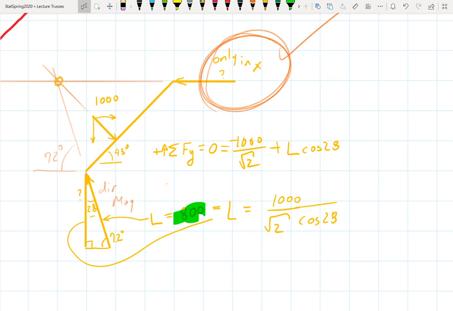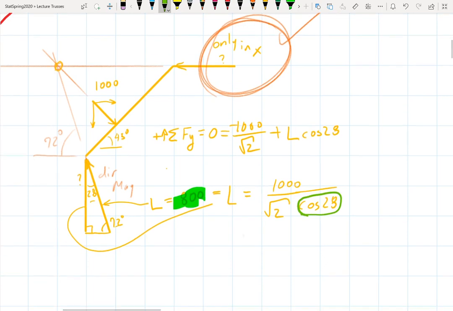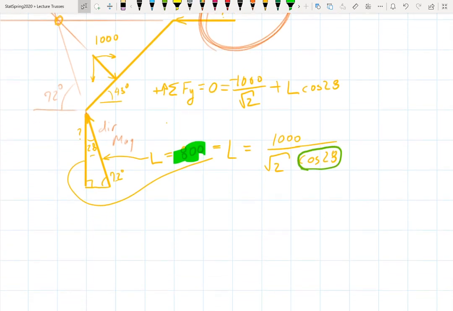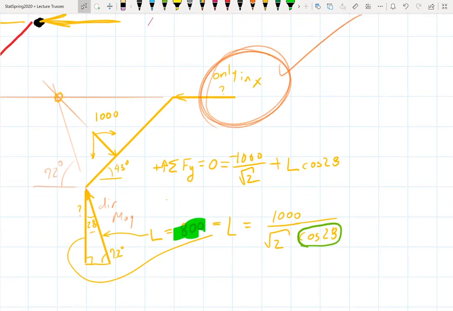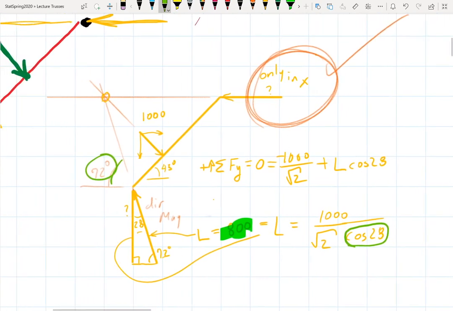I'm still showing 800 here. So my question is, if I'm looking at this angle, that may be my target right there.